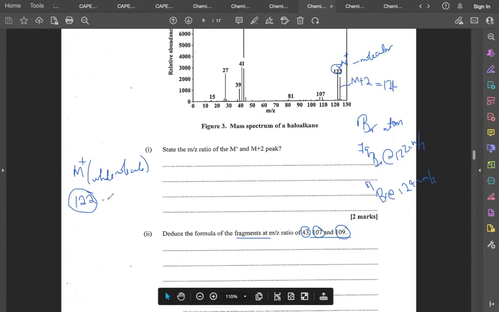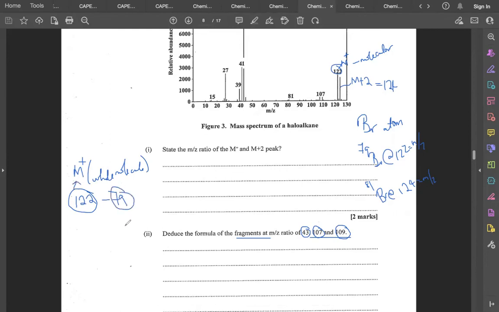So we're going to subtract out the mass of the bromine atom, that's 79, and we're going to end up with, what are we going to get? What number is that? 122 minus 79.